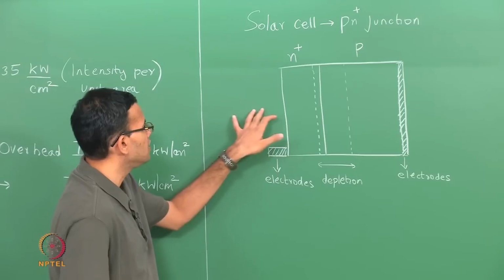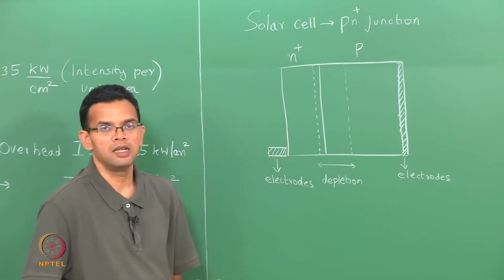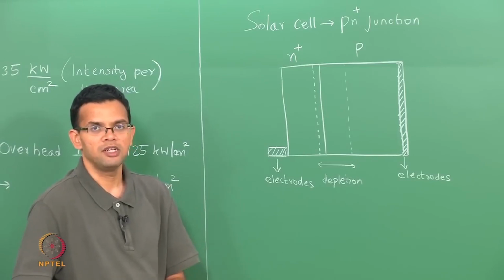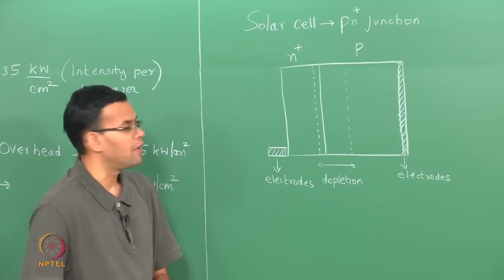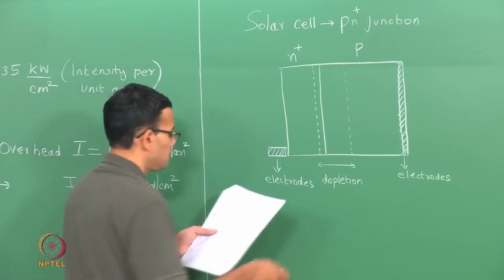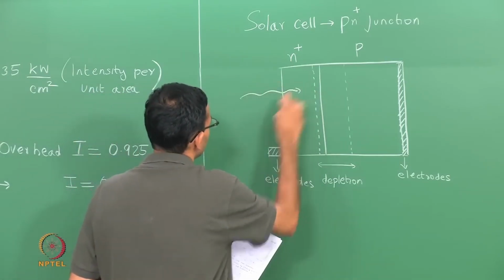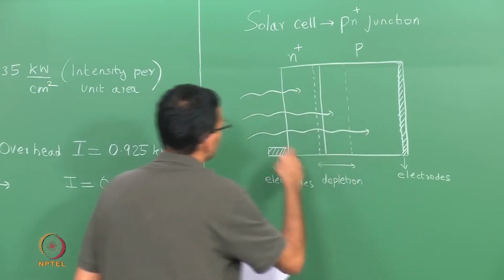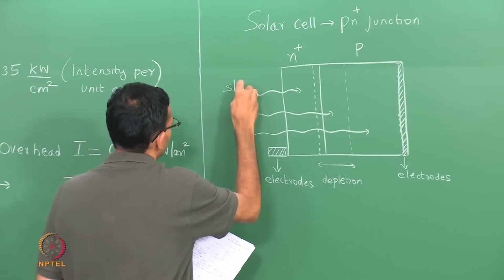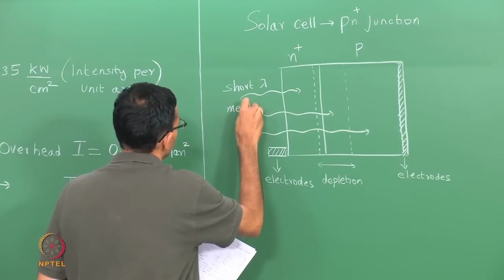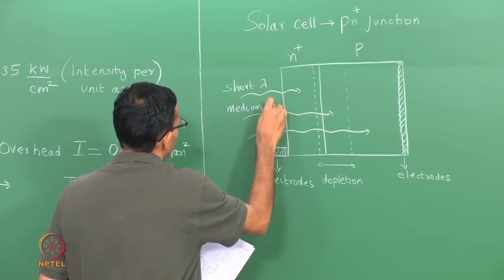The short wavelengths are usually absorbed by the n plus region because the absorption coefficient is large, hence the penetration depth is small, while as the wavelength increases, the penetration depth also increases. So this just depicts three kinds of wavelength: short, medium and large.